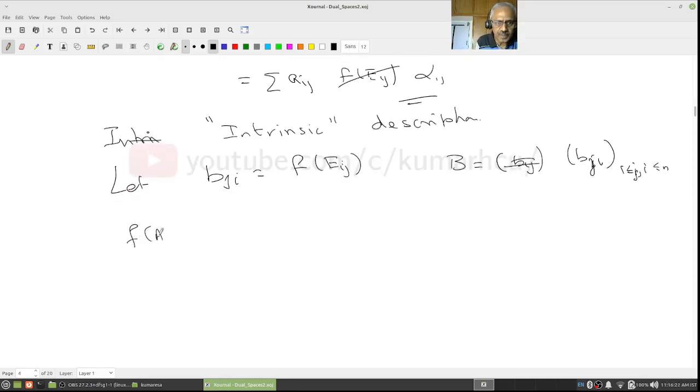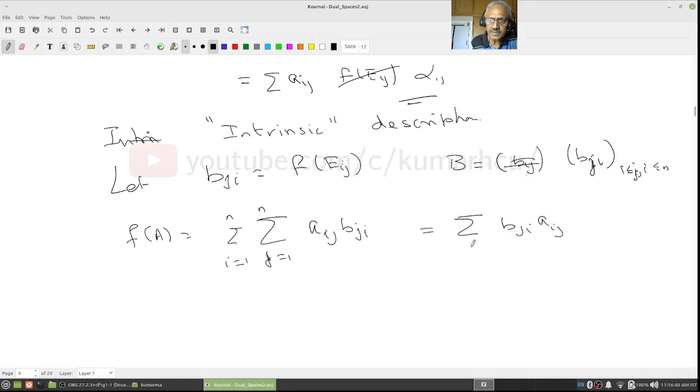Therefore f(A) is summation a_ij b_ji, j equal to 1 to n, i equal to 1 to n. I can also write it the other way around, but let's not worry about it. I can also write it as b_ji a_ij, then I will sum it over i and j. They are the same. But do you realize what this is?